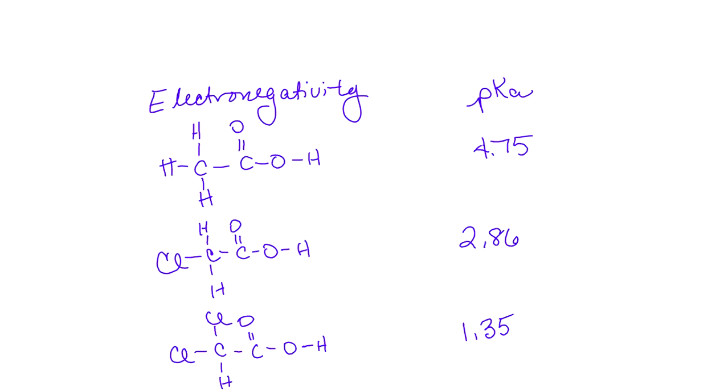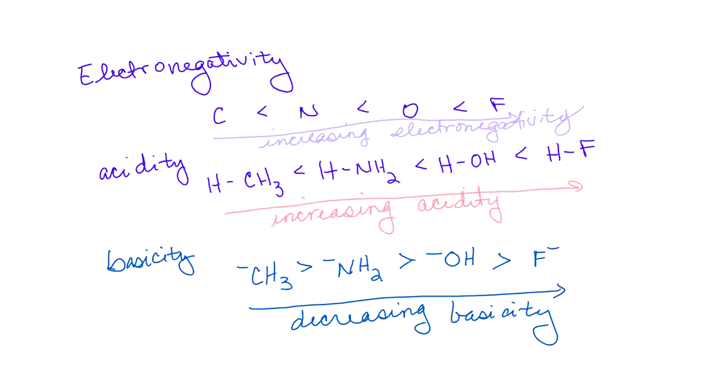Finally, let's take a look at electronegativity in this fashion. If you look at carbon, nitrogen, oxygen, and fluorine, going from left to right I'm increasing in electronegativity values. If you look at the acidity, this hydrogen is increasing in acidity as I go from left to right. So as my atom becomes more electronegative, the acidity increases. And if you look at the basicity, it's opposite.